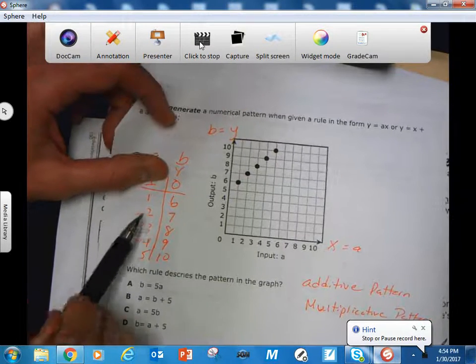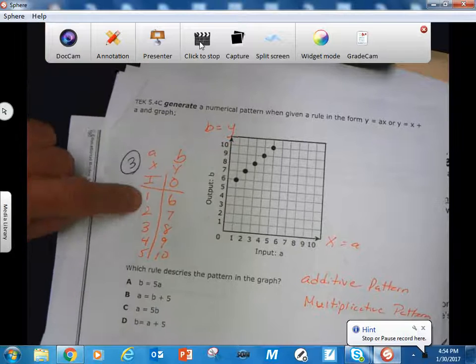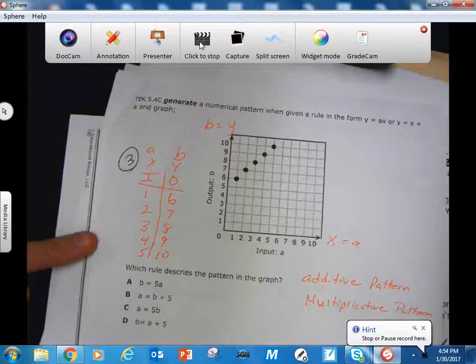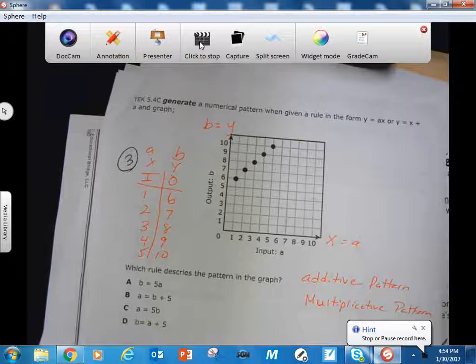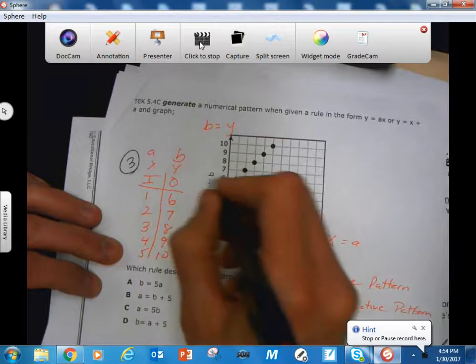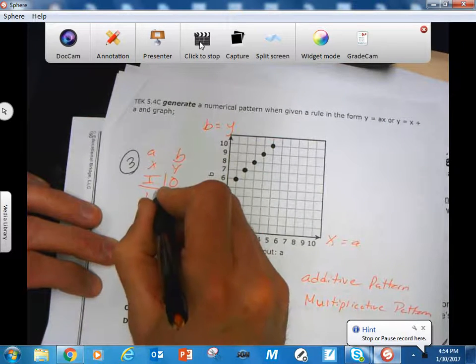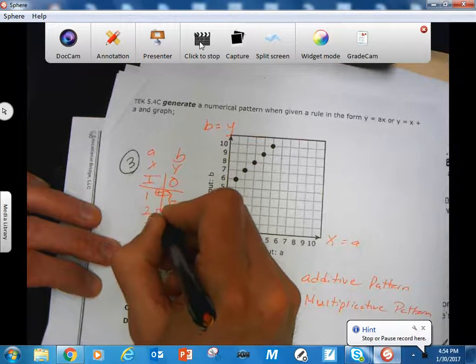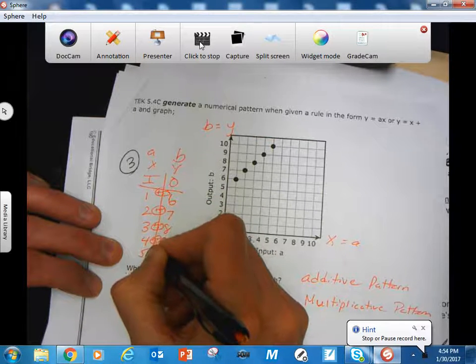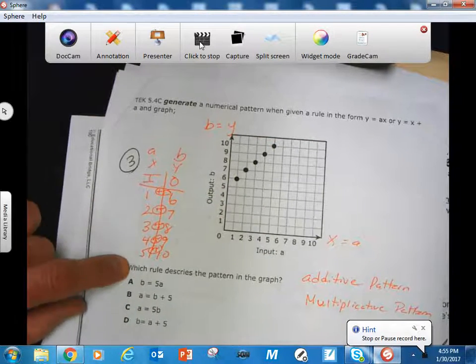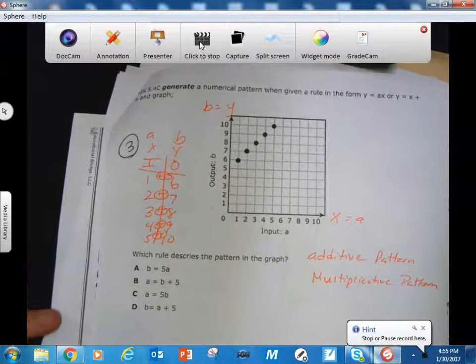So you need to ask, are we multiplying to get from 1 to 6? Or are we adding to get from 1 to 6? And you can see here that we have a plus 5, plus 5, plus 5, plus 5, and plus 5 from x to y. So we know we're adding.